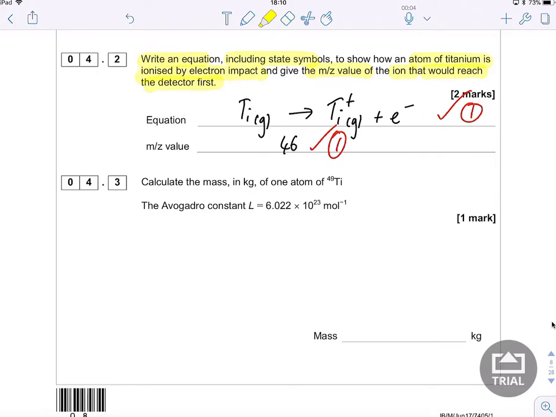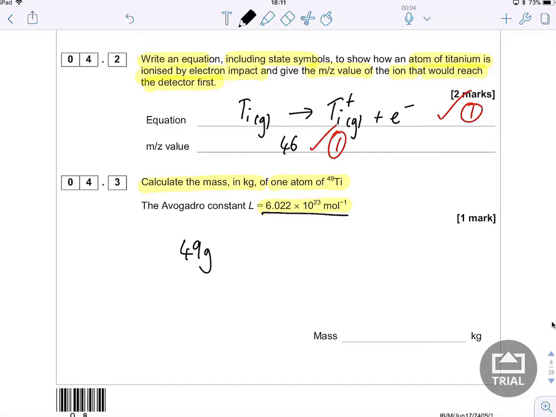So 4.3, calculate the mass in kilograms of one atom of titanium-49, and you get the Avogadro constant 6.022 times 10 to the power 23. Okay, so to do this, I need to know the molar mass of titanium-49. So that is 49 grams, means that I have 1 mole, or the same number of particles as Avogadro's constant there.